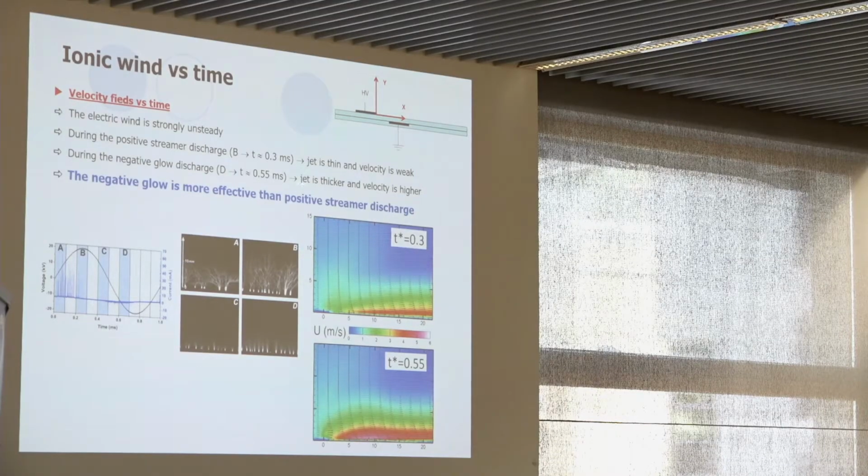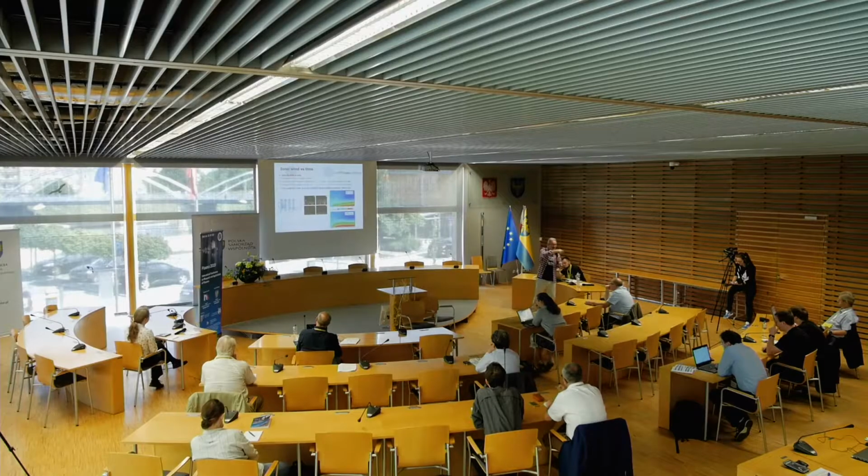During the positive discharge, the jet is thin and the velocity is weak. During the negative discharge, the jet is thicker compared to this one and the velocity is higher. So that shows that the negative glow discharge is more efficient in this case compared to the positive streamer discharge. It was the opposite for volume discharge.